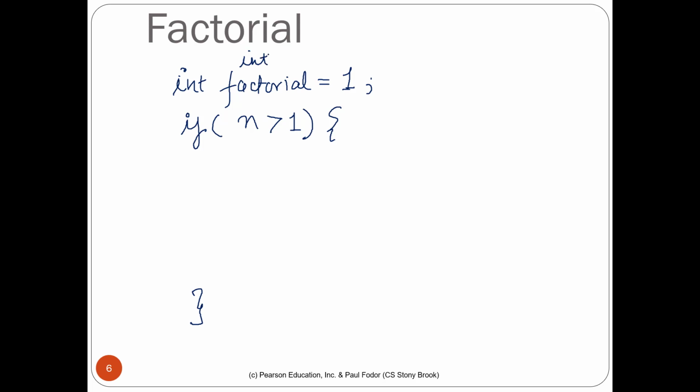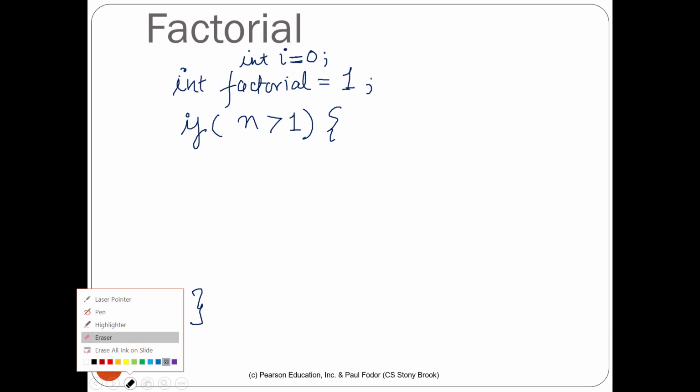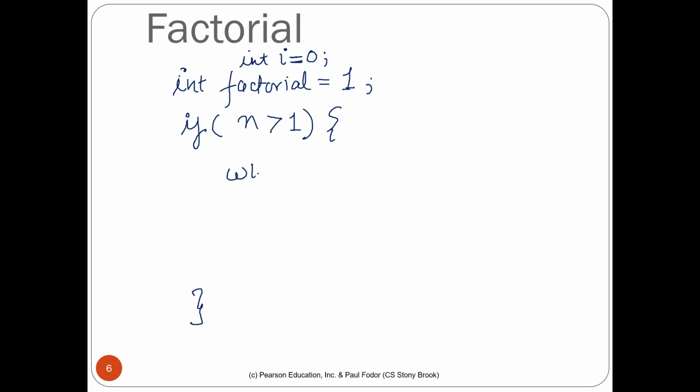So int i equals 0. Alright, i is a variable which I'll use to figure out how many iterations I have done. So what do we do here? We will say while, sorry about this thing, you should write here while i is less than n.